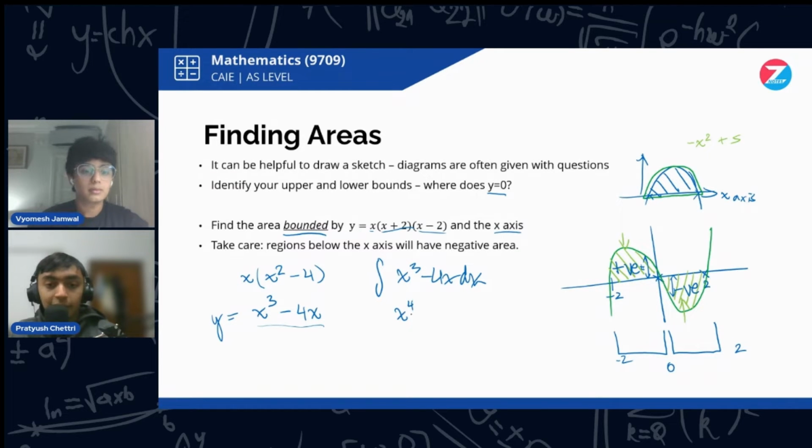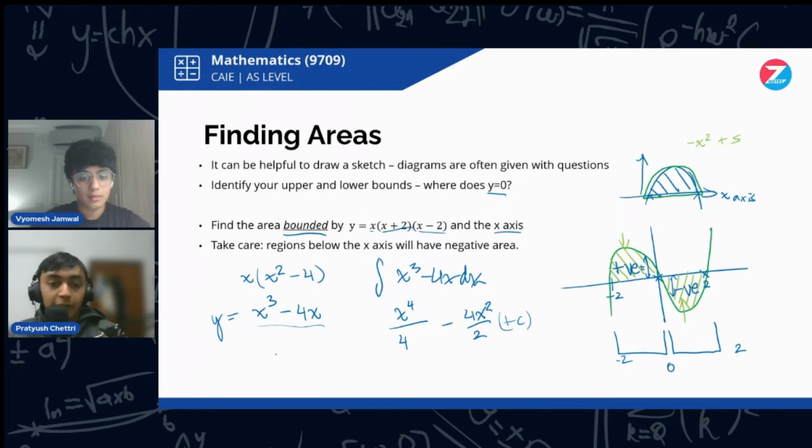x to the power 4 over 4 minus 4x squared over 2, plus c, we can keep in brackets here.